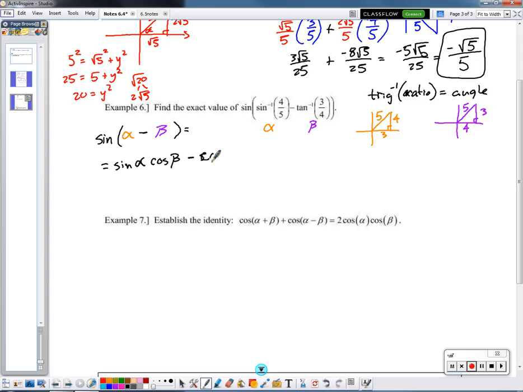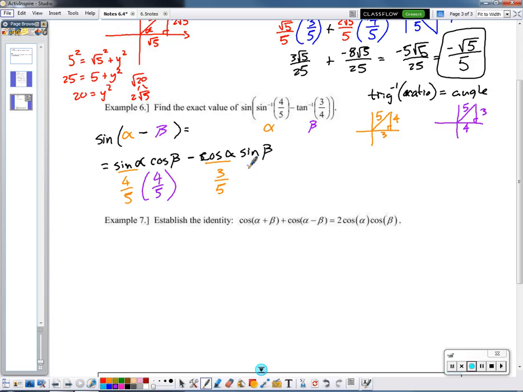Let's find those sine and cosine values for alpha. Sine would be opposite over hypotenuse, so that would be 4/5. Cosine would be adjacent over hypotenuse, that would be 3/5. And then for beta, cosine would be 4/5, and sine would be 3/5.